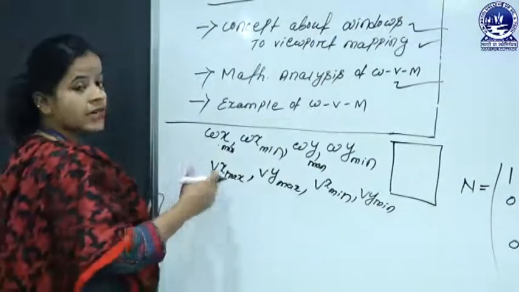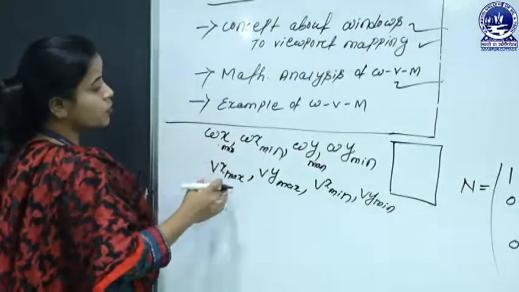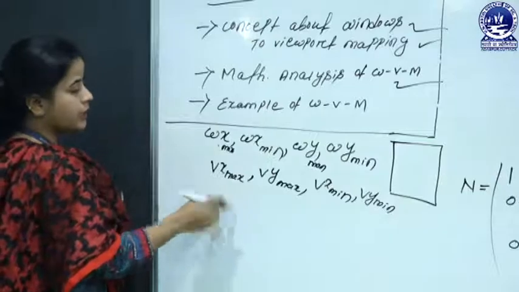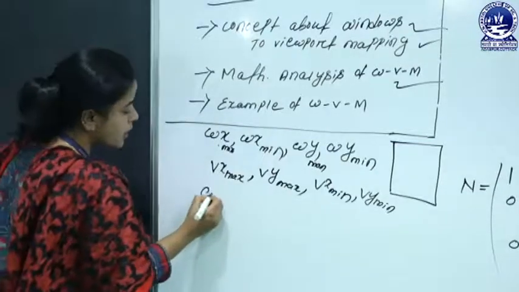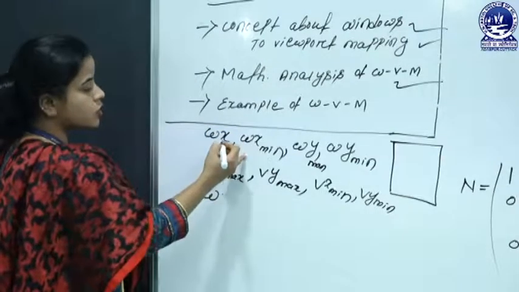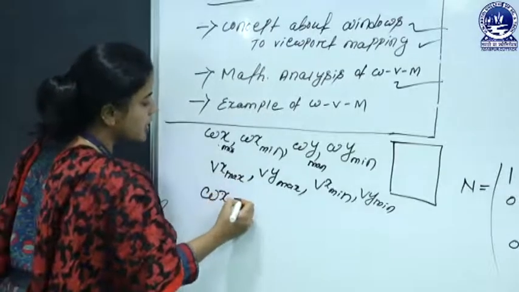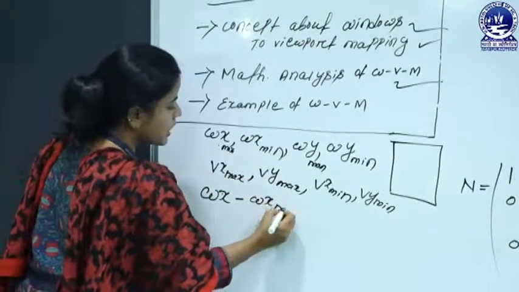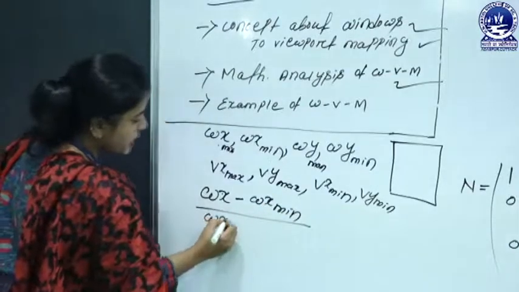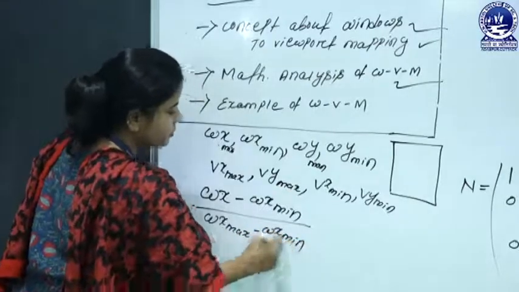Okay, so how is that possible? First we have to create the relationship between the world coordinate x coordinate with respect to the view coordinate elements. So how is that possible? First we write the x coordinate value of the world or window coordinate relative to the viewport coordinate system. So here the formula is Wx minus Wx minimum divided by Wx maximum minus Wx minimum.